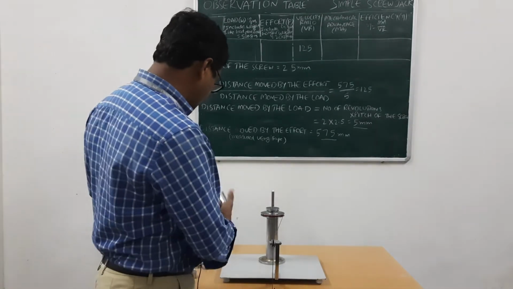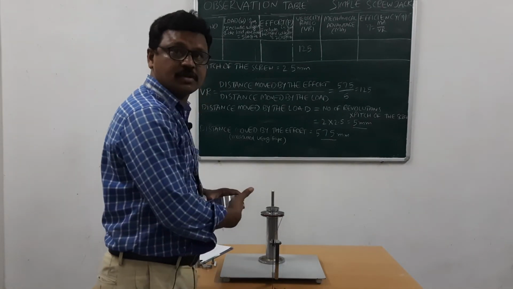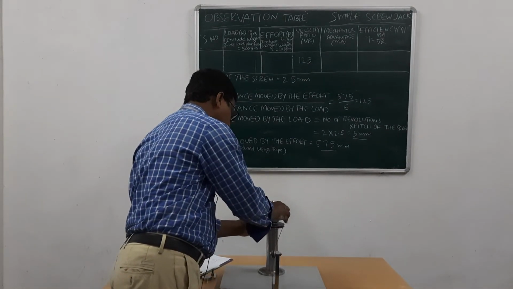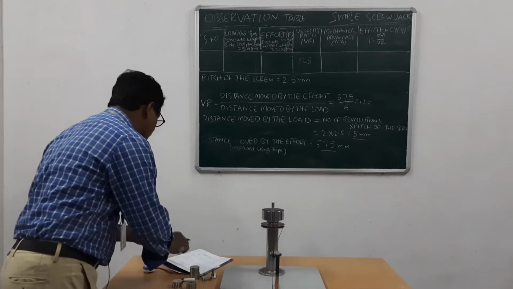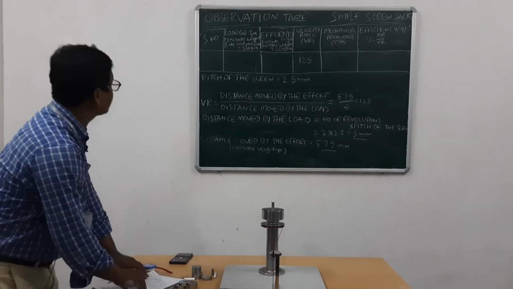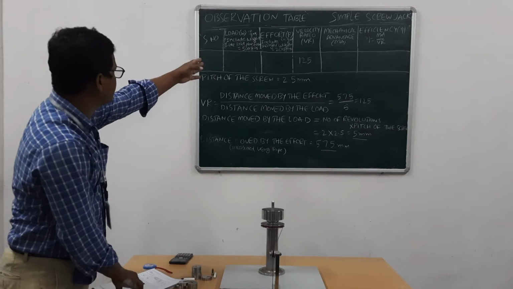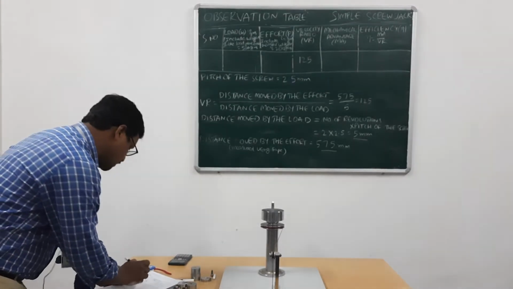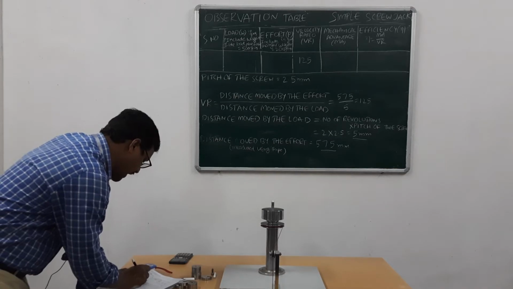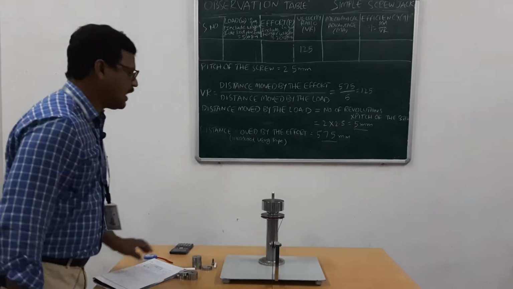Now I am keeping a weight of 2000 grams on the load platform. I should also include the weight of the load platform, that is 500 grams. So 2000 plus 500, 2500 grams is the load I am keeping here.